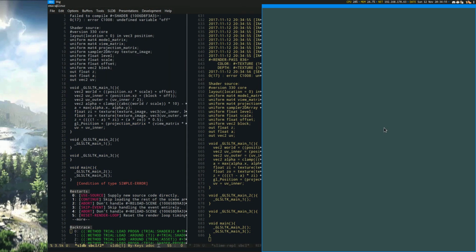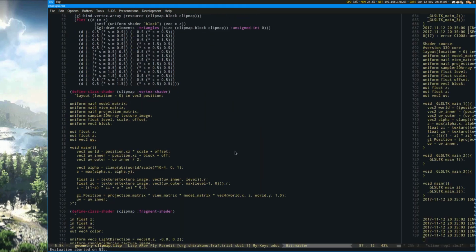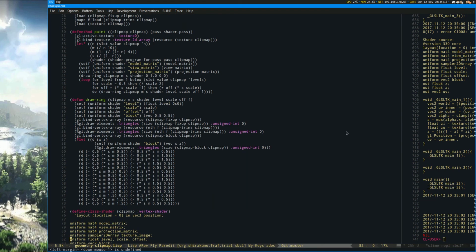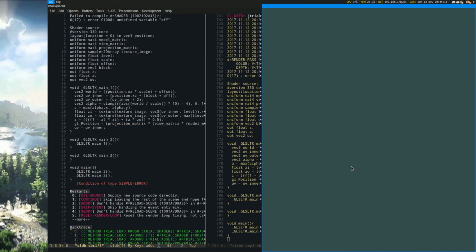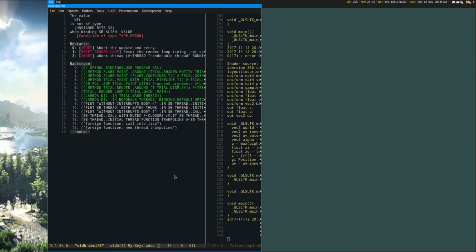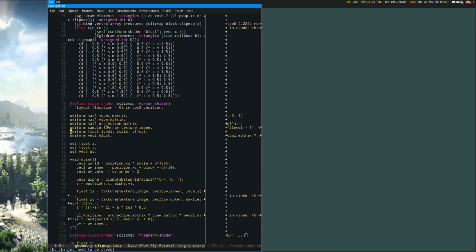This is gonna not work at all. Undefined variable off. Help. Where? Oh. Good. What are you talking about? Oh, I didn't. Did I not hit compile?